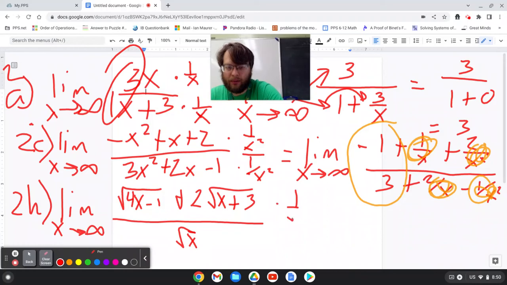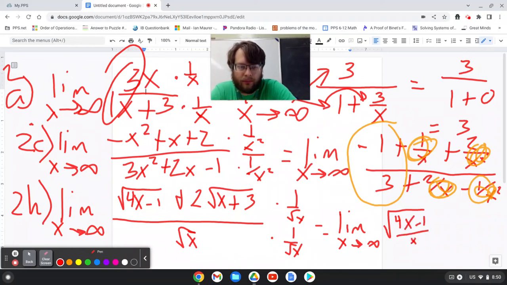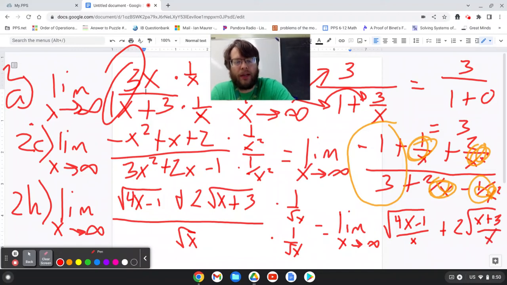Let's multiply by 1 over root x times 1 over root x. Same reason as before, that's okay to do. That's going to make the denominator equal to 1. And then the numerator here becomes the square root of 4x minus 1 over x plus 2 square root of x plus 3 over x.